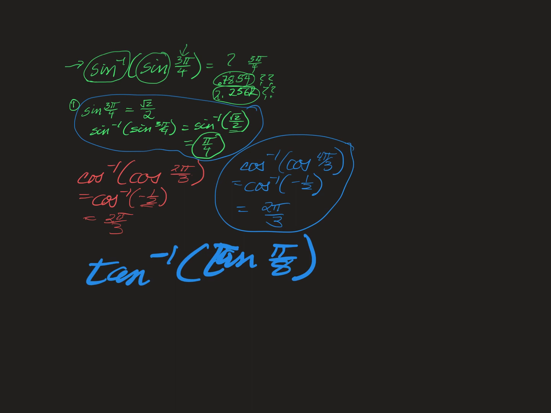However, what we do know about pi over 8 is that it's in the first quadrant, right? It's even less than pi over 6, right? It's going to be somewhat less than that. So it's a first quadrant angle. So since it's a first quadrant angle, the tangent of that will be a positive ratio, and the inverse tangent of that will take us directly back to pi over 8. Okay?